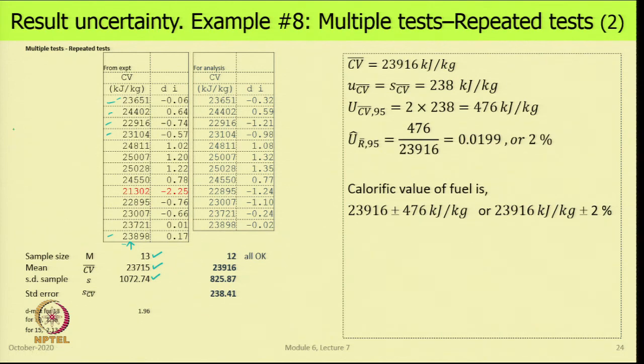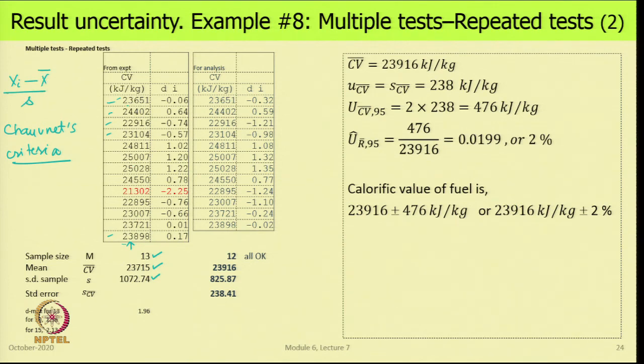Next, we applied Chauvenet's criterion, to decide whether we should reject any reading. To do that we calculate the deviation of each reading, which is (xi minus x bar) upon s.